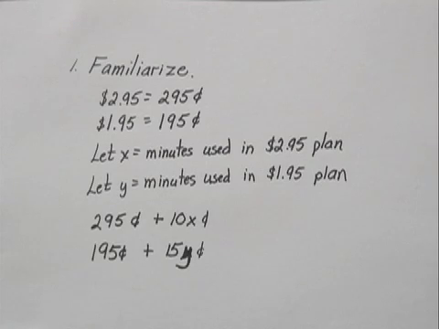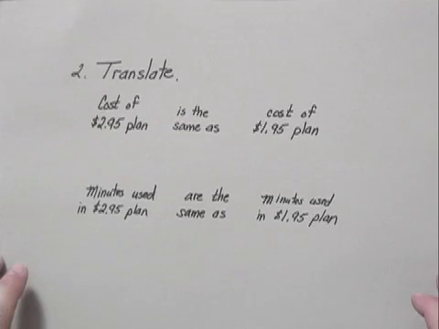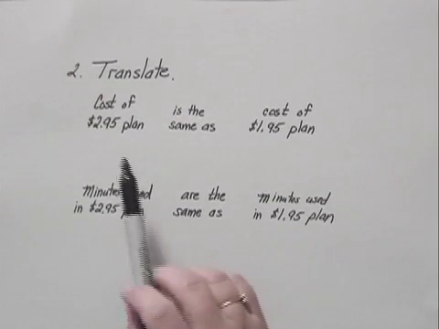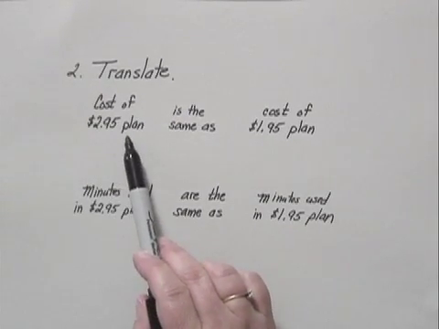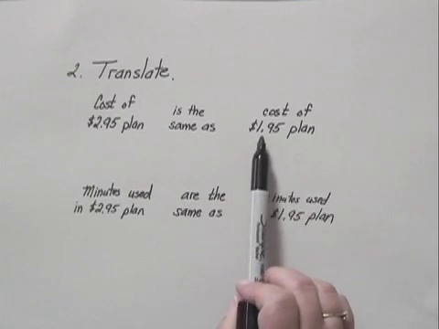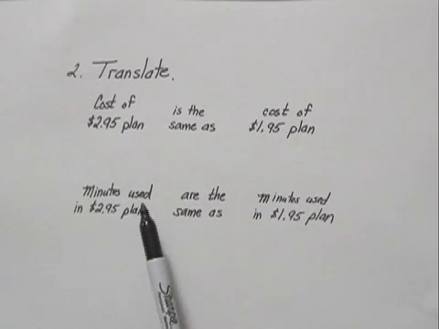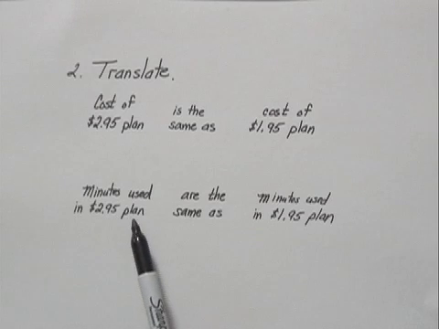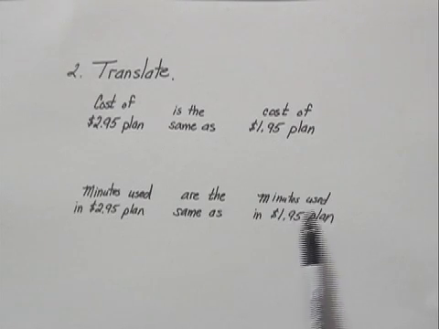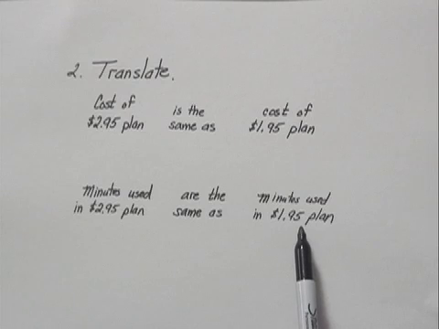Now, using this information, we can translate. We're told a couple of pieces of information. The cost of the $2.95 plan needs to be the same as the cost of the $1.95 plan, and the minutes used in the $2.95 plan need to be the same as the minutes used in the $1.95 plan.